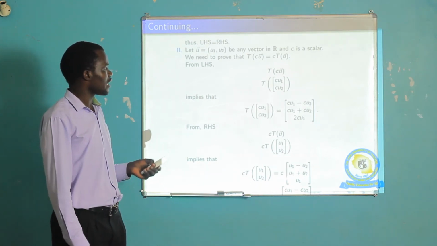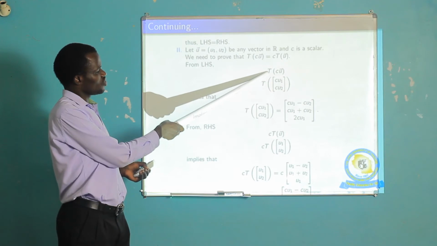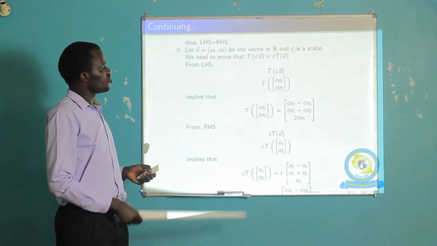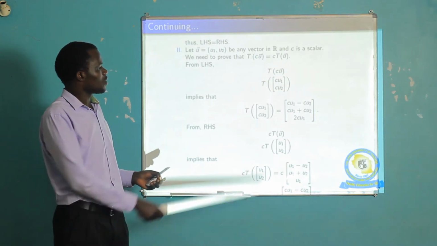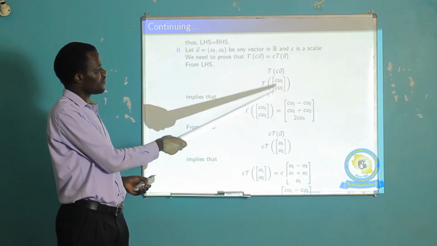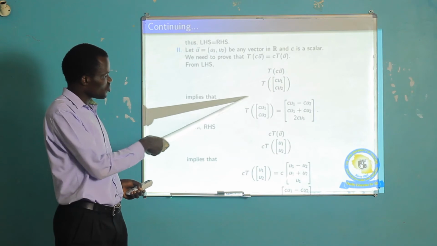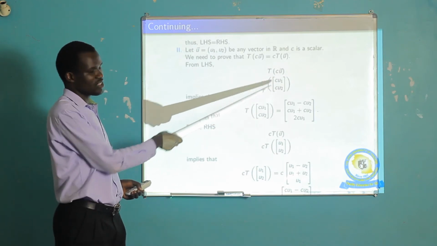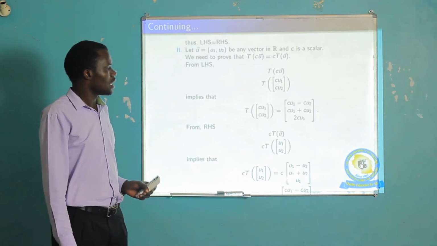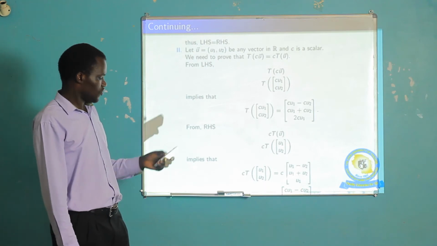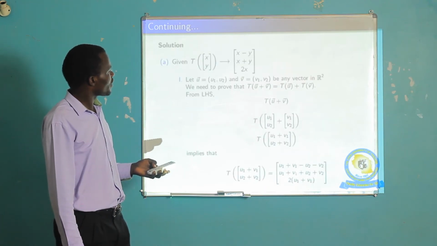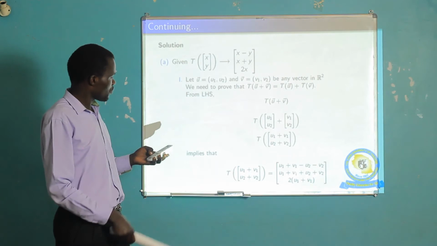Starting from the left hand side, we start with T of c times u. c is a scalar. Multiplying this c with every entry of the vector u, we get this one, which is T of this vector after multiplying the scalar with the vector u. And then we refer to the definition of our transformation we have given, which is this one.